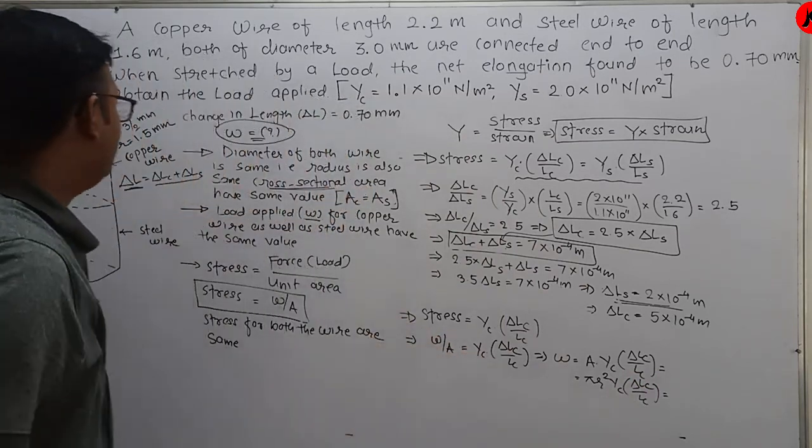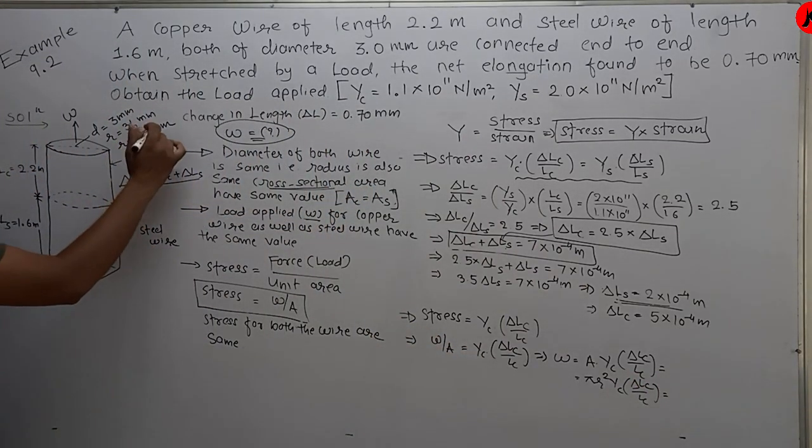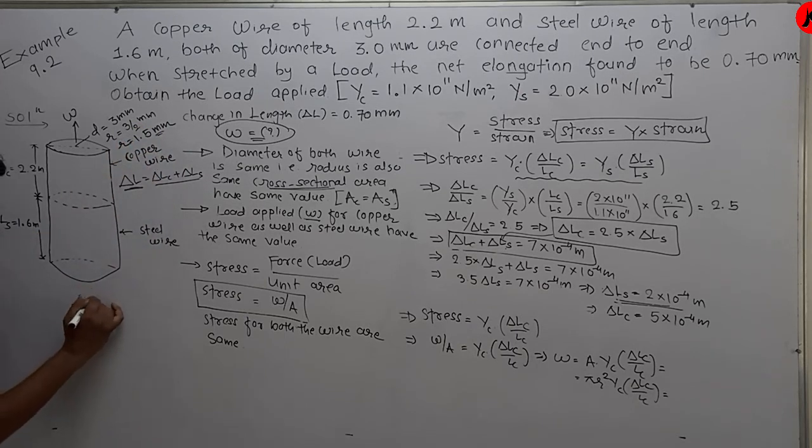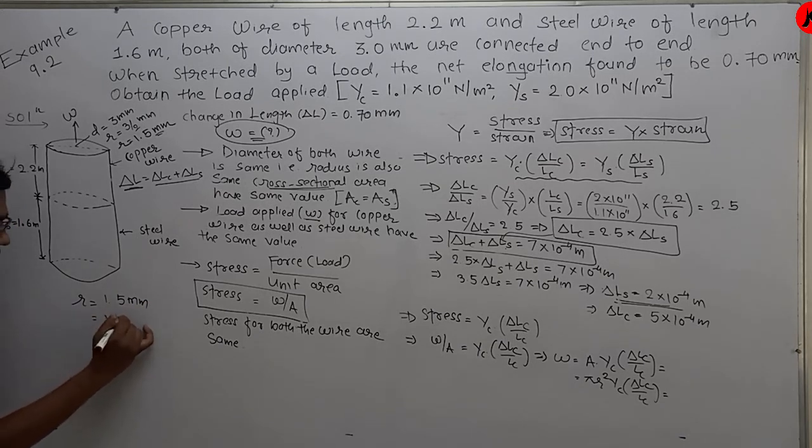The radius here is given in mm, right? The radius r is 1.5 mm. If I convert it to meters, it becomes 1.5 into 10 raised to minus 3 meter, right?